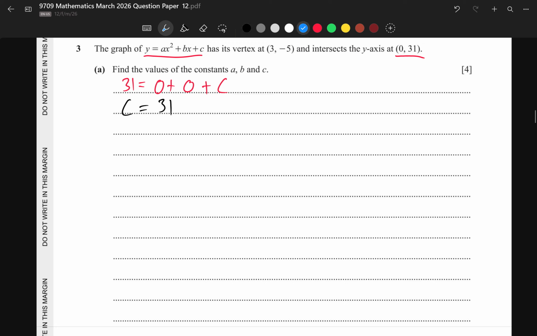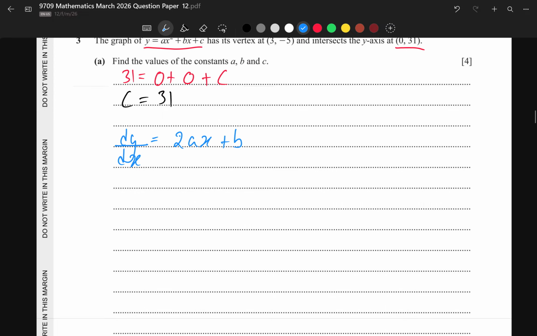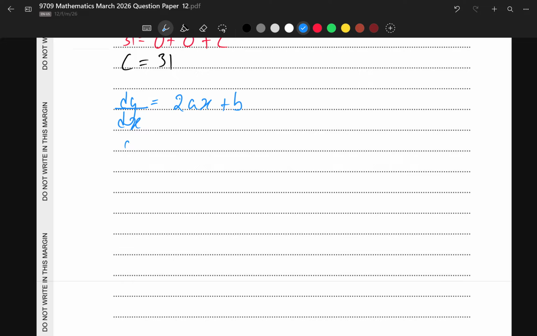Now secondly we can find the derivative of this equation. So dy/dx is equal to 2ax plus b. Now if we equate this to 0, we'll get 0 is equal to 2ax plus b.